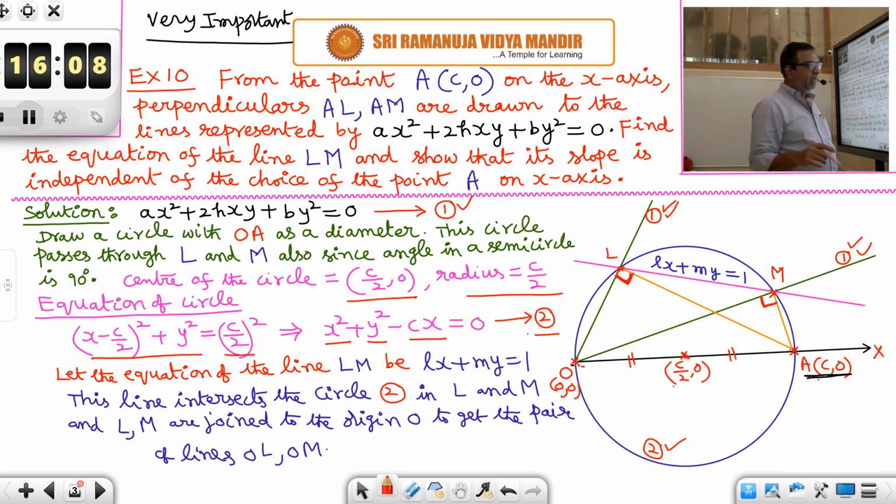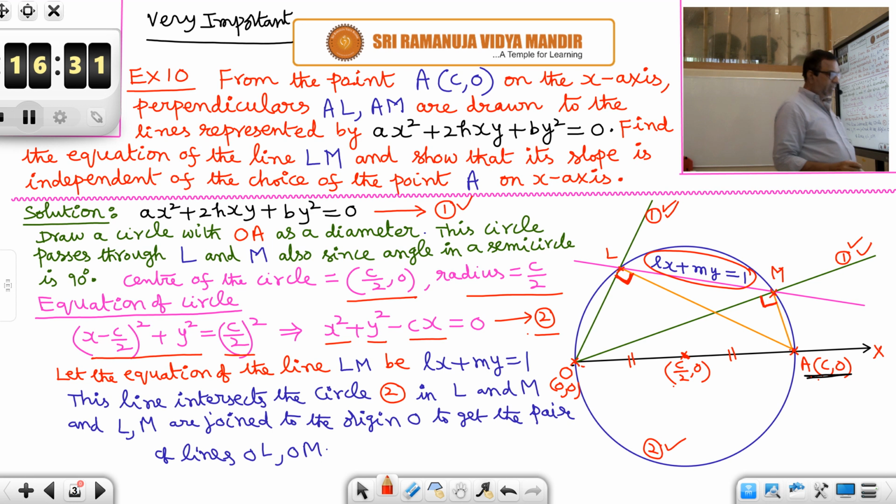Now what we have to find is the equation of the line LM, is it not? Let us assume that the equation of the line LM is lx + my = 1. Okay, we have to just find the values of l and m. How to find?